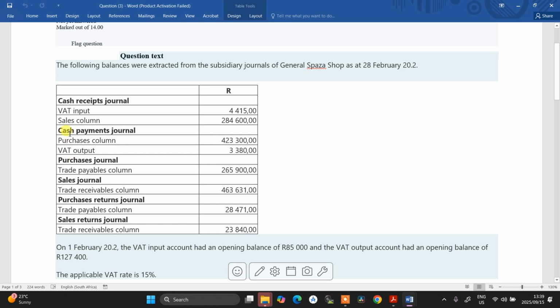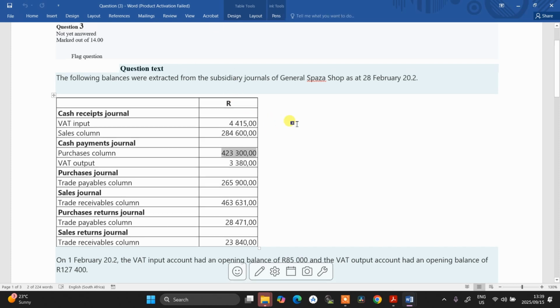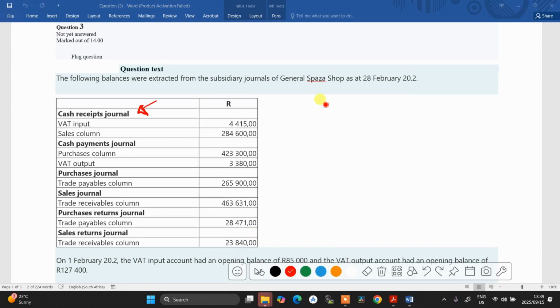So in terms of our cash payments journal, the trick here is for you to understand that you are supposed to calculate the VAT amount from a VAT exclusive amount. So this is a VAT exclusive amount. In order for us to calculate the VAT amount, you can simply take out your calculator. You can use Kalituta's application to make your life easy, and I'm going to show you just now how to do that.